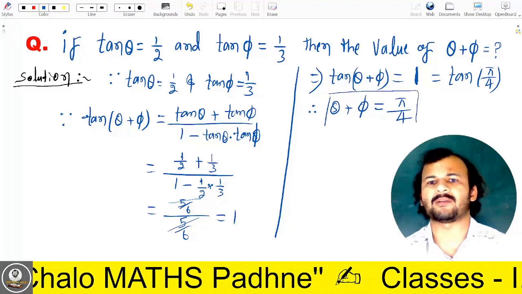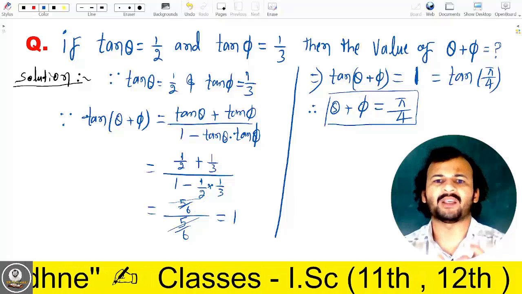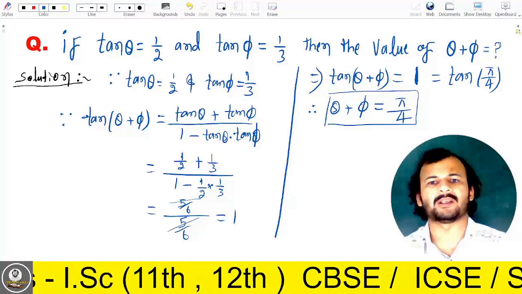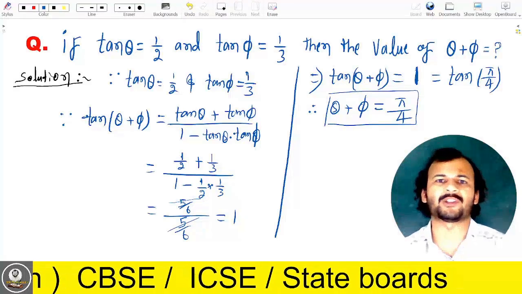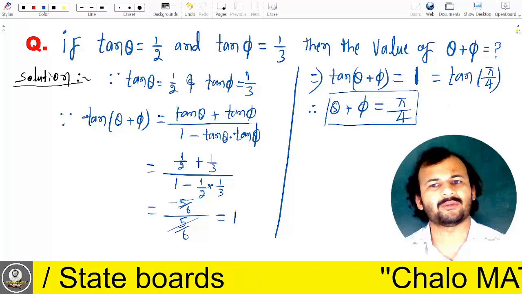This is the value of theta plus phi, but if we have to find its general solution, then we write theta plus phi equals n pi plus pi by 4, where n belongs to Z.